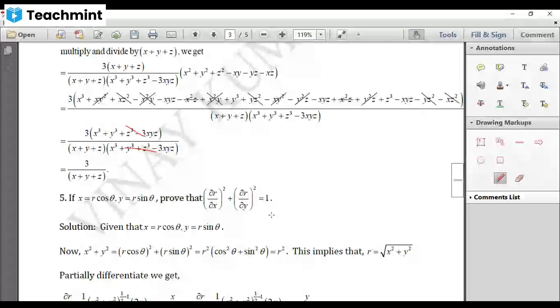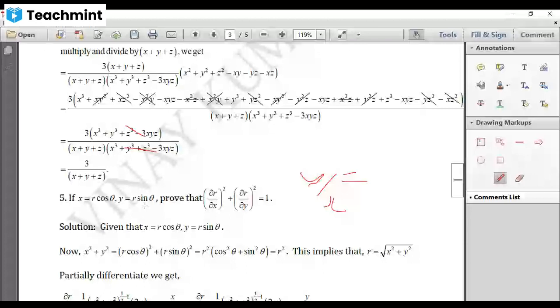Similarly, you can find theta also. How to find theta? You find y by x. Y divided by x will be r sin theta by r cos theta. R gets cancelled. Sin theta by cos theta will come. Sin theta by cos theta is tan theta. Keep theta as it is. Send tan to this side.